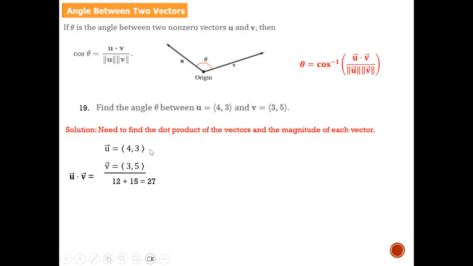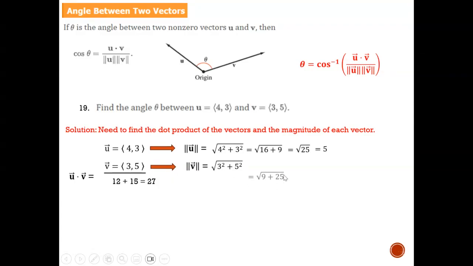Now we're going to find the magnitude of vector U, which will give us 4 squared plus 3 squared, the square root of 25, which is 5. Then the third part, we find the magnitude of V, which will be 3 squared plus 5 squared, giving us the square root of 34.